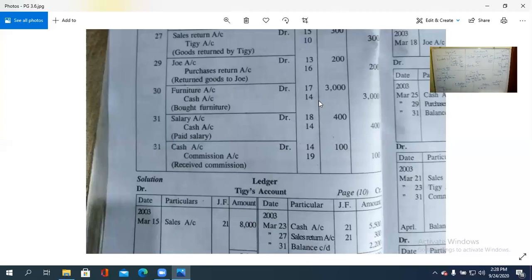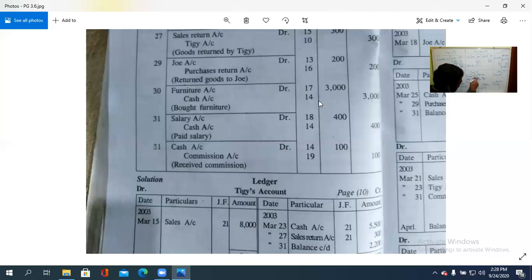Okay. Then next, cash. Cash account: to sales 5,000, to TG 5,500, to cash 100. And credit side: by Joy 4,000, by furniture 3,000, and by salary 400. How much? 7,400.